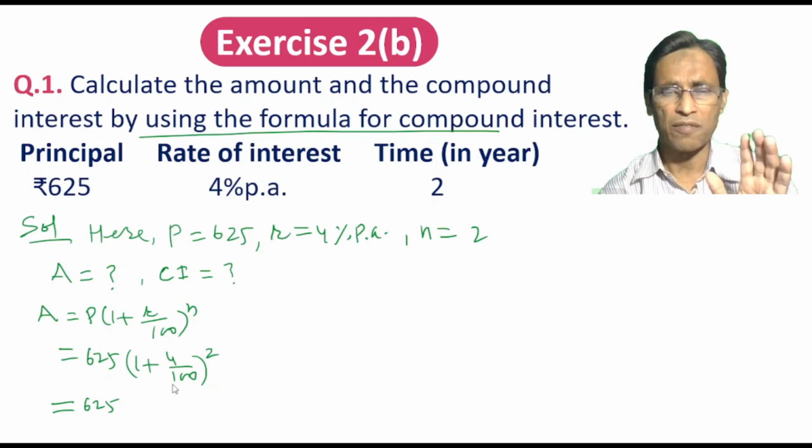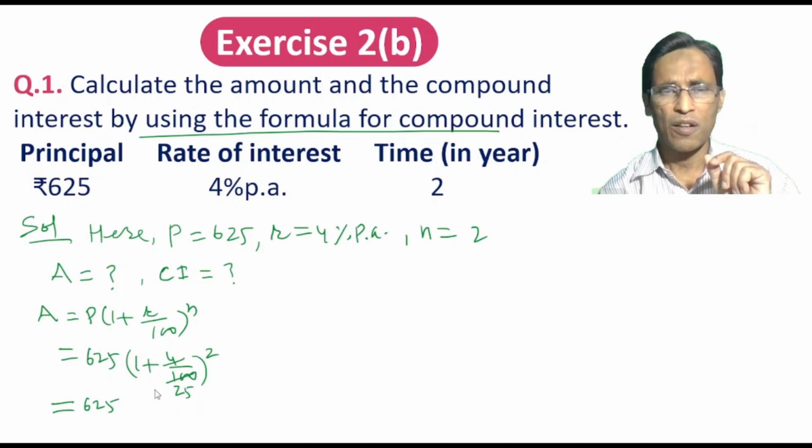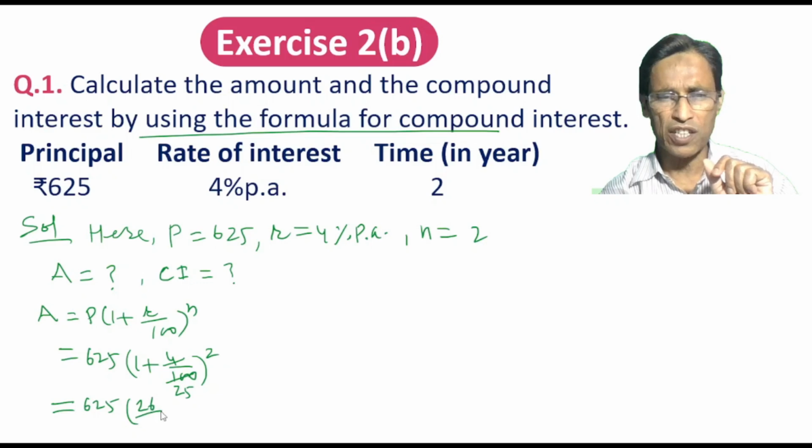Now we come here. By observation we can say 100 is divisible by 4 in 25 times, so 25. Now 1 plus 1 by 25 comes 26 by 25, and so it is 26 by 25 to the whole square.